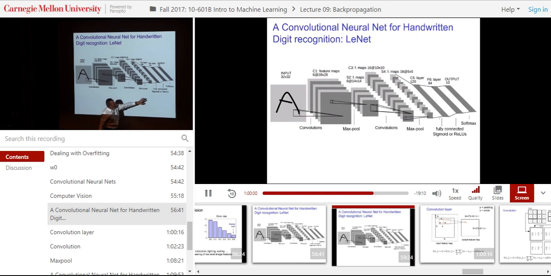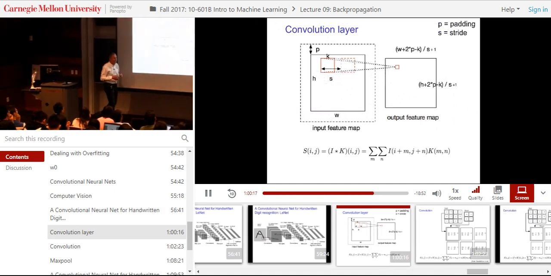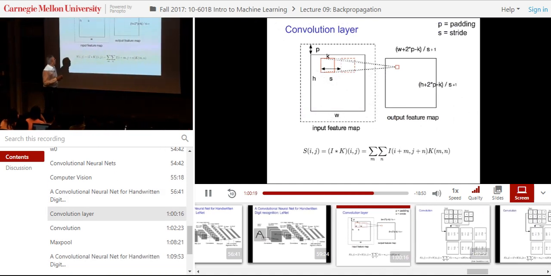And as I said, we already know these two kinds of layers, sigmoid and rectilinear units and softmax. What we haven't really talked about is max pooling and convolution layers. So I want to go through that. Here's what a convolution layer is.